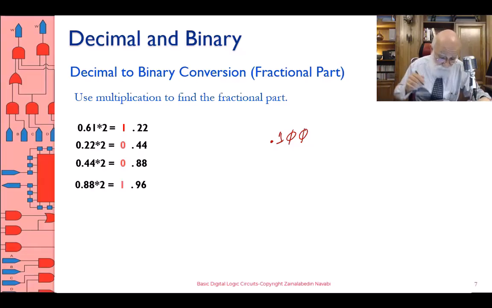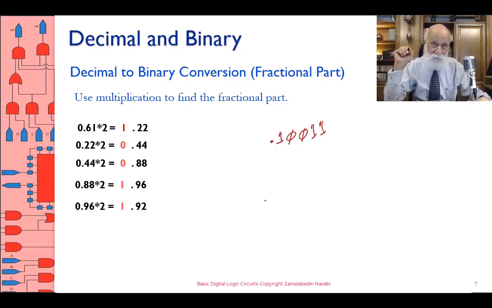Take 88 multiplied by 2, take the 1, and then continue with 76. Multiply 96 by 2 is a 1, then you get 92. You're probably wondering how far I want to go with this. I'll tell you in a second.